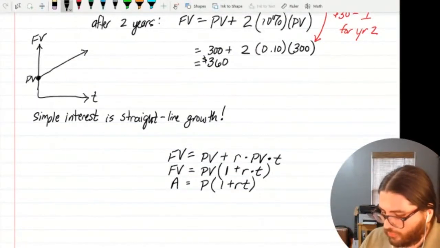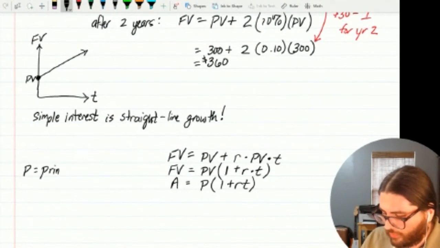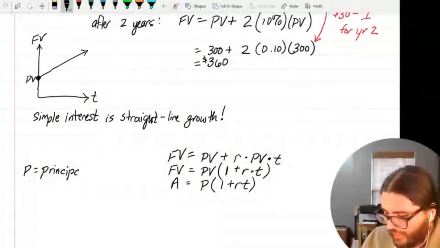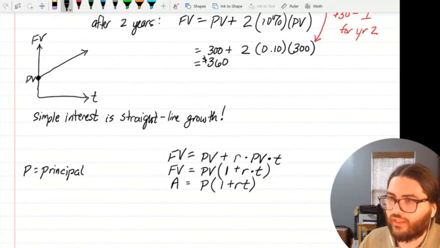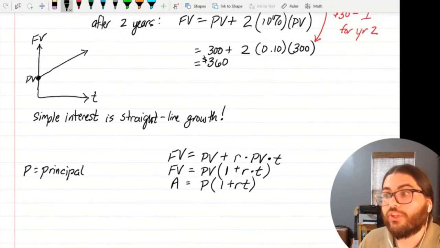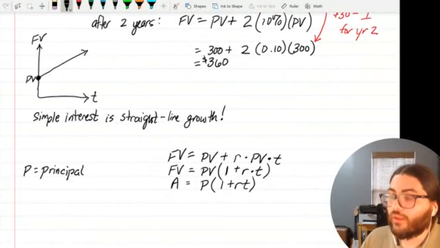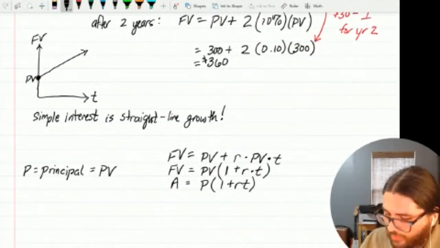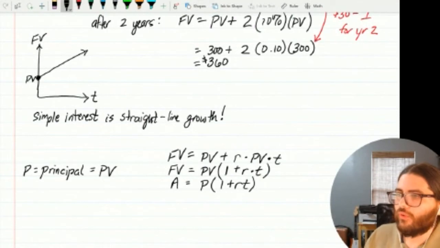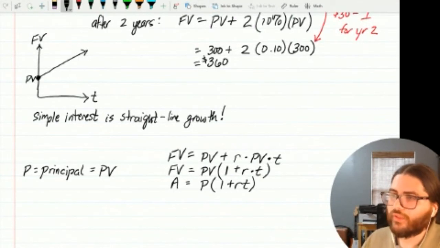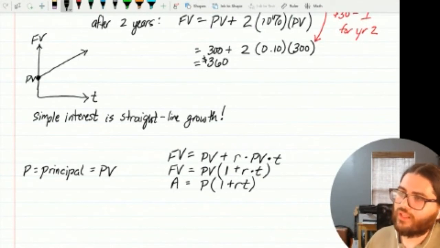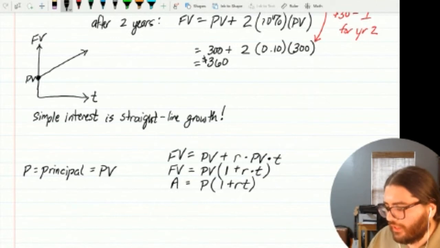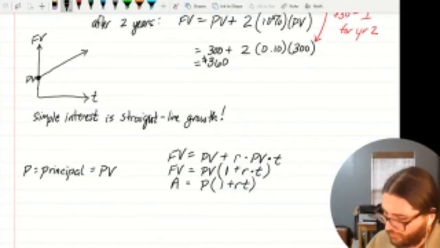So in financial formulas, P stands for principal, P-A-L, not P-L-E. And that's how much money you started with. When it comes to the time value of money framework, that will always be PV. So anytime I write PV in a formula, you can switch that out for P. It means the same thing, how much money that I started with.